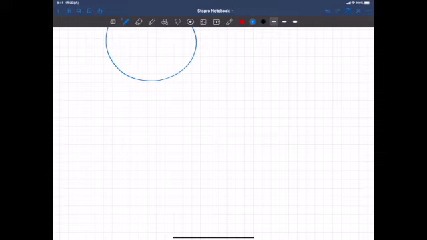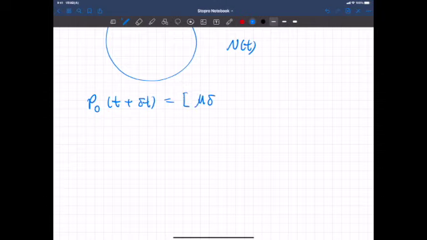To do so, as usual, we use the partition theorem. Here is the random variable we are tracking, the number of individuals in the population. If there are 0 individuals in the population at time t plus delta t, it must be the case that at time t there was 1 individual in the population and it died.